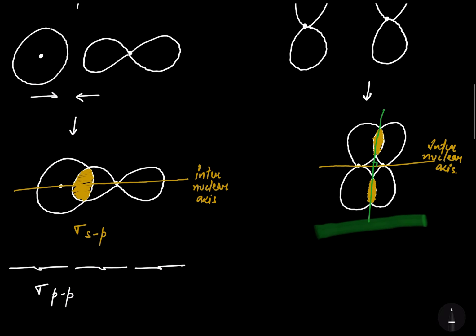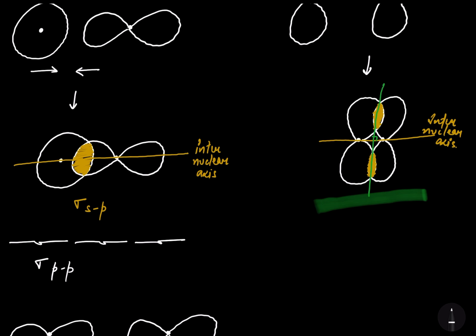And let's come over here. The overlapping of the two lobes, the upper lobe and the lower lobe, will give rise to one pi bond. Let me write this also.